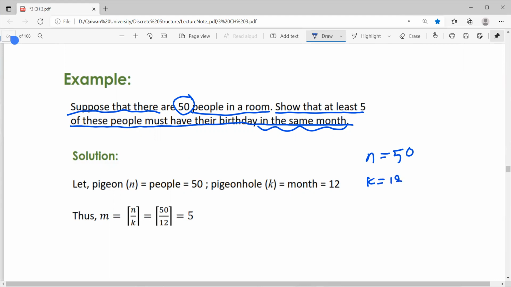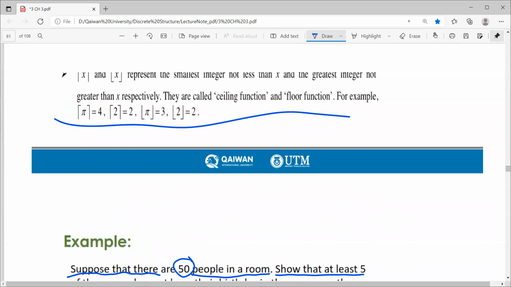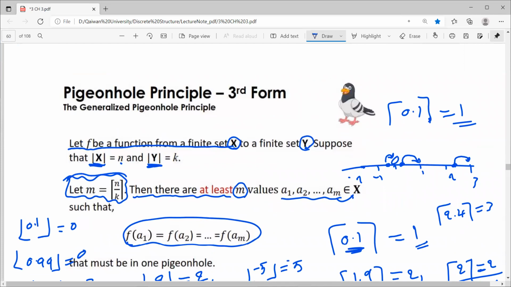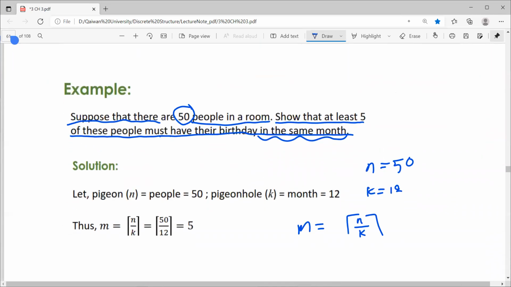To show that we have at least 5 people in the room who have their birthdays in the same month, we should find m, and m must be 5 or greater. For n divided by k, we just apply this rule.